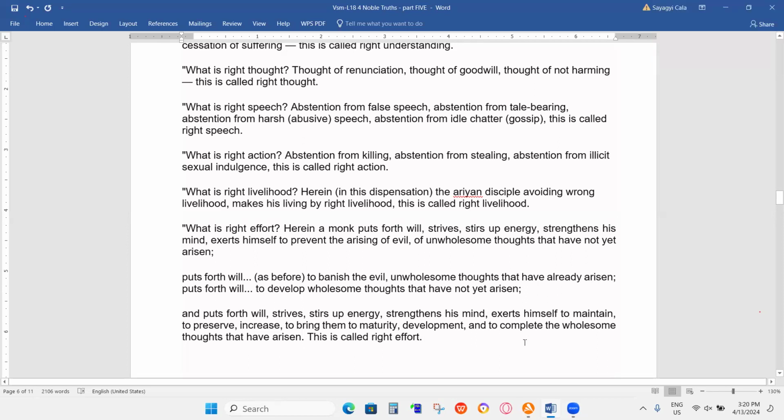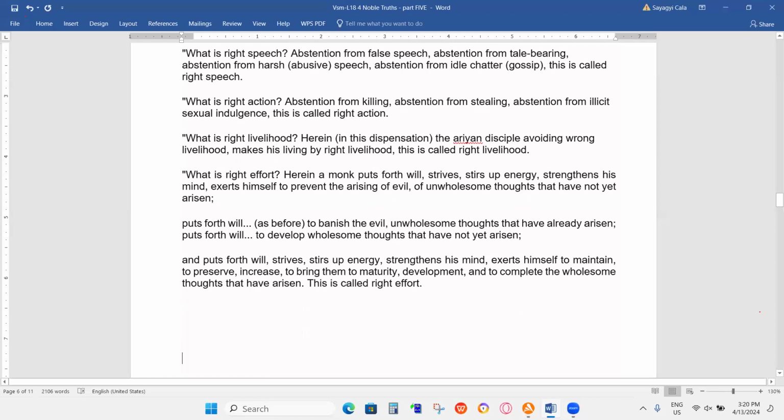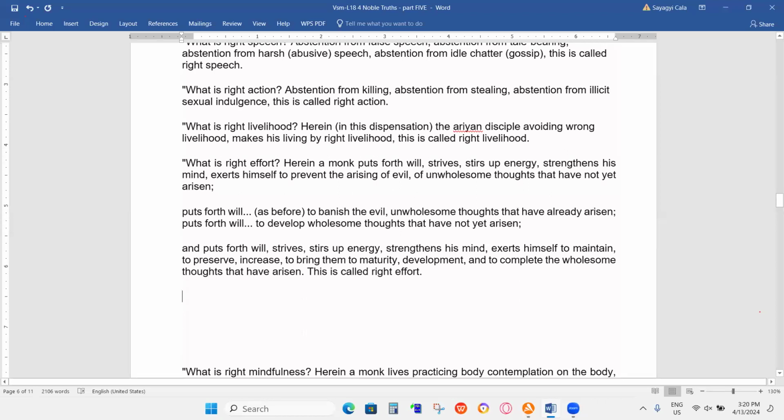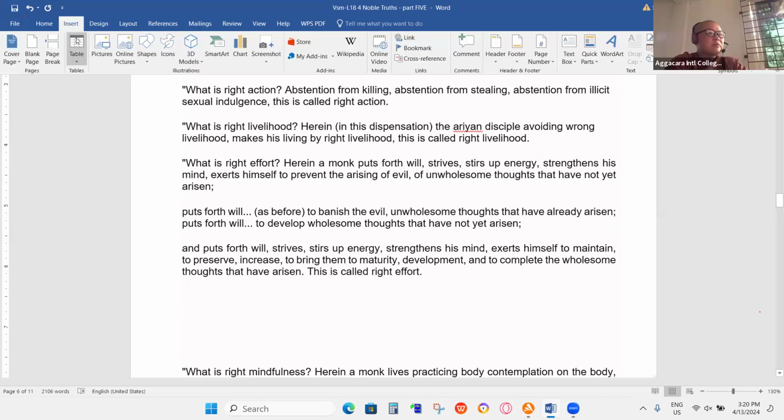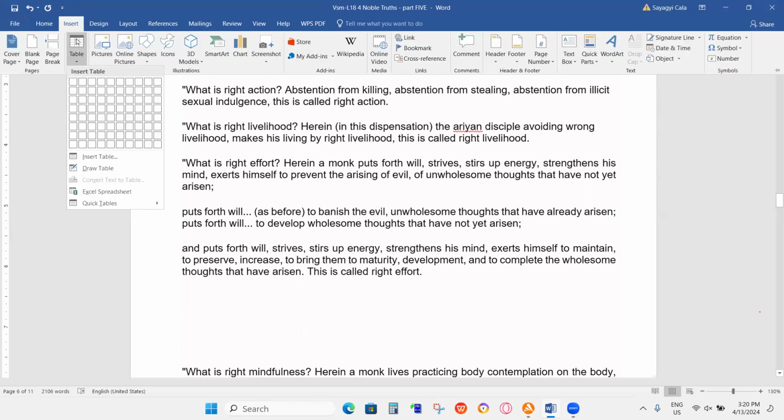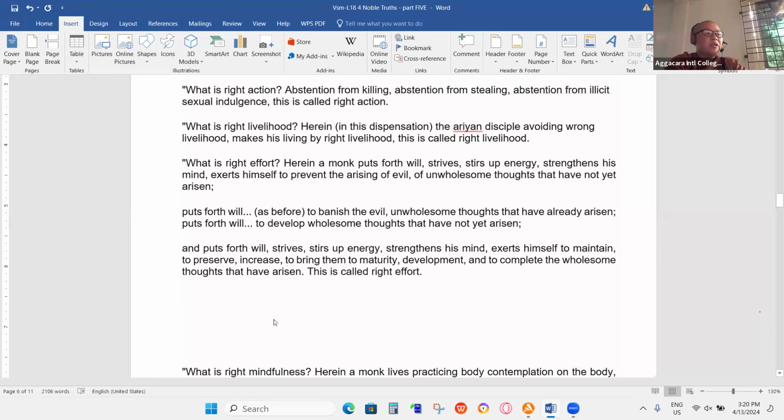To develop wholesome thoughts that have not yet arisen. And put forth, strive, stir up energy, strengthen his mind, exert himself to maintain, to persevere, to increase, to bring them to maturity. That is development.